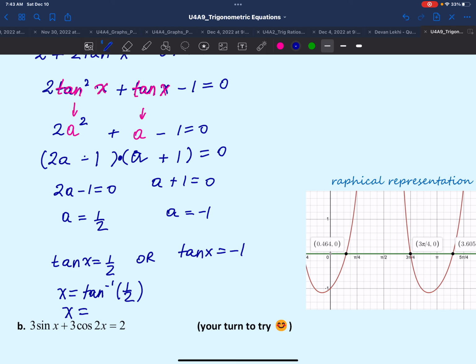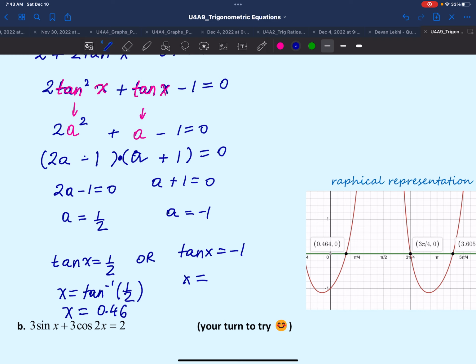So inverse tan 1 over 2, set your calculator to radian mode. And so for tan inverse of 0.5 or 1 over 2 will give 0.46 radians. So this is our first solution here.